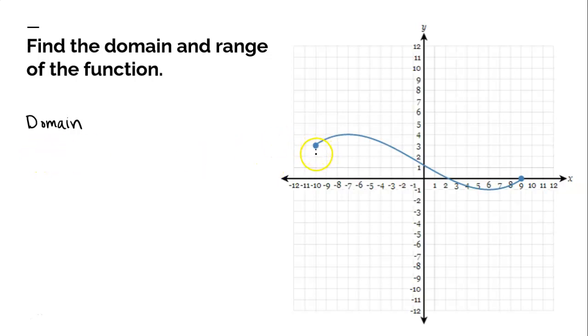So if I follow this down, the x value that's farthest to the left is -10. Then this curve stretches all the way. If I go from left to right, there are possible values at -9, -8, -7. But there are also possible values at -7.5, -8.5, or -7.1.